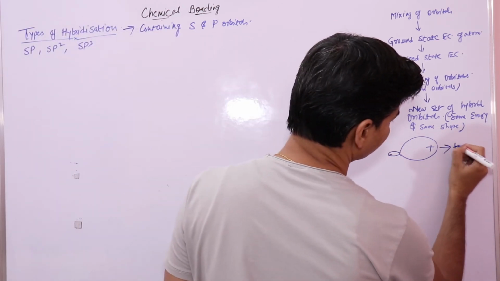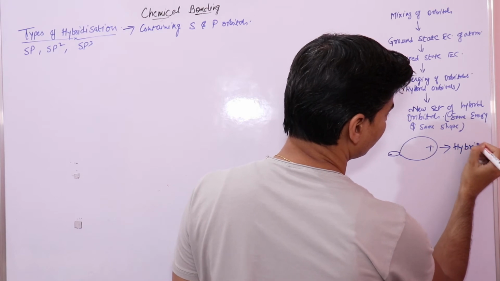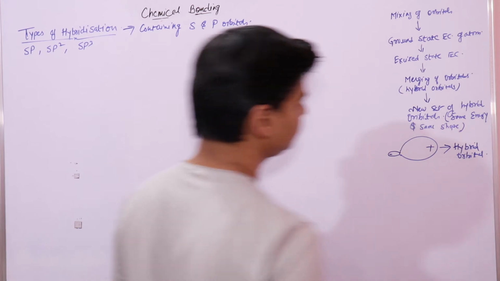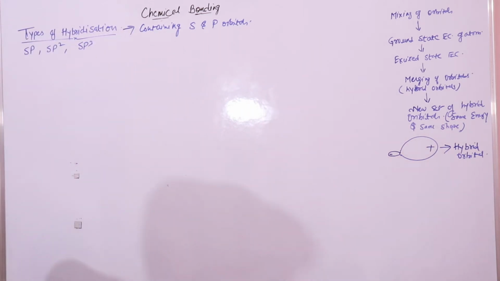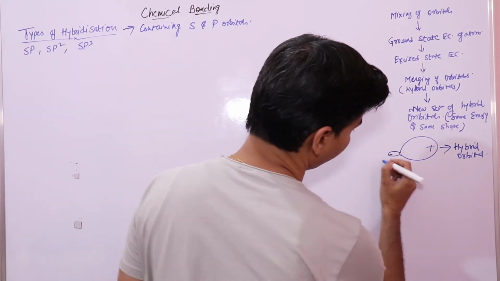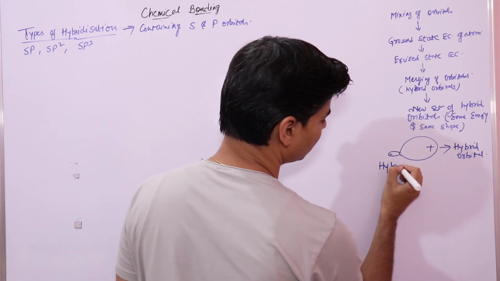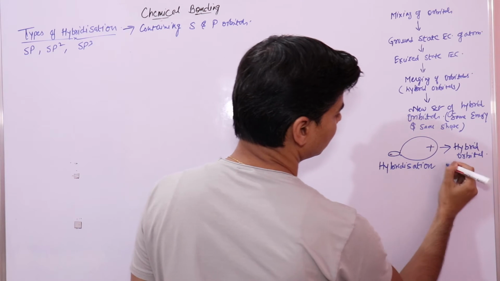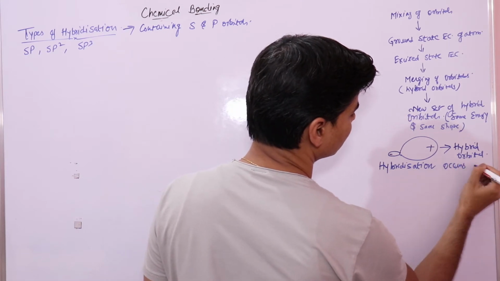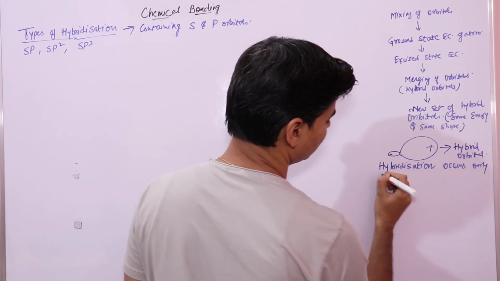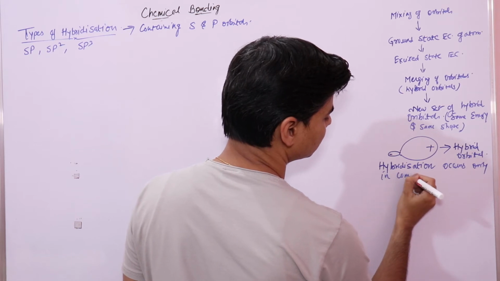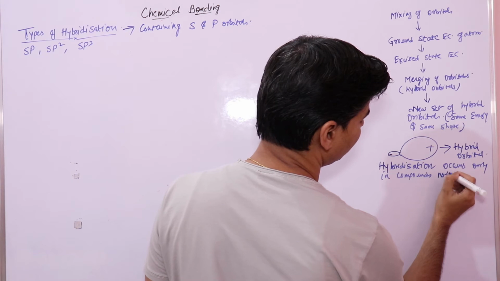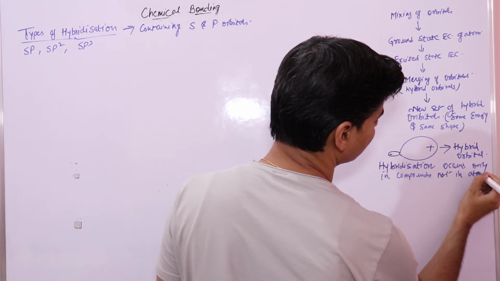This is how you will represent the hybrid orbital, right? This is your hybrid orbital. And hybridization, this is an important point, occurs only in compounds, right, not in atoms.